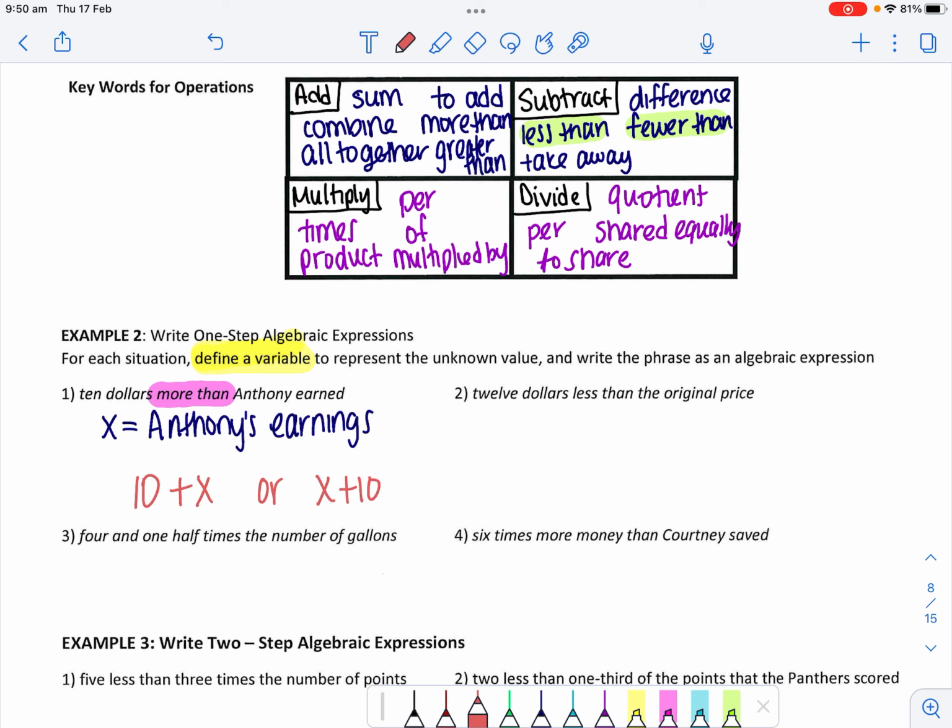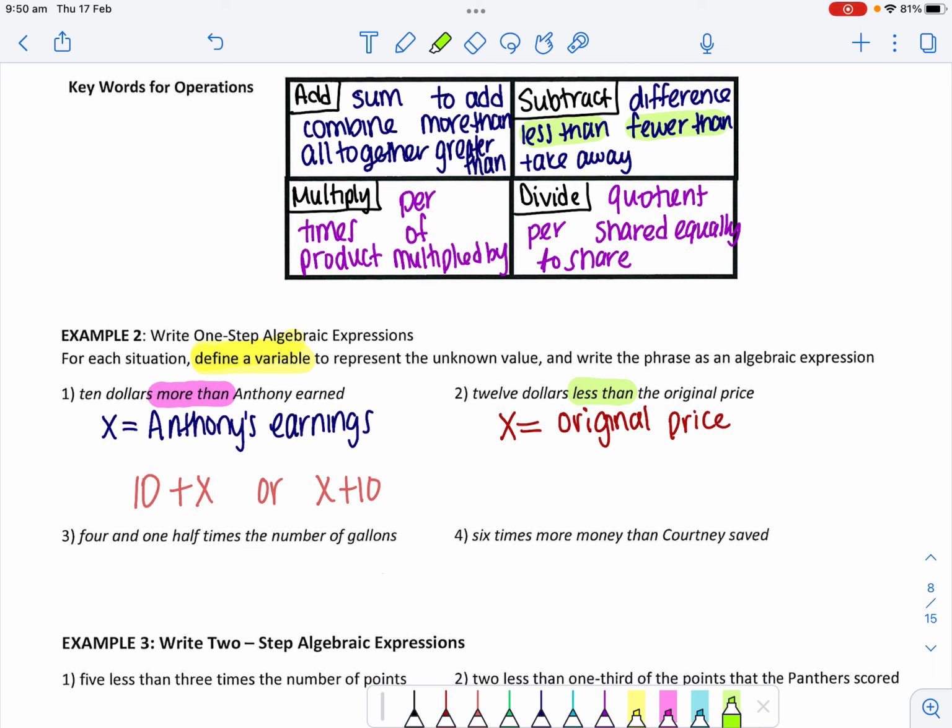For number 2, the first thing I'm going to do is I'm going to define my variable. So X equals, and the thing that I don't know, so $12 less than the original price. The thing that I don't know is the original price. So X is going to be the original price. Now this one, I'm going to use less than here.